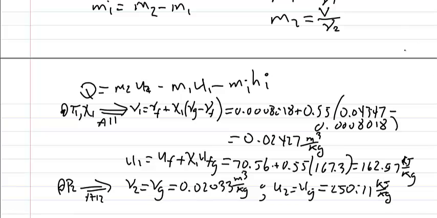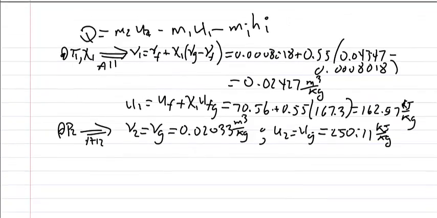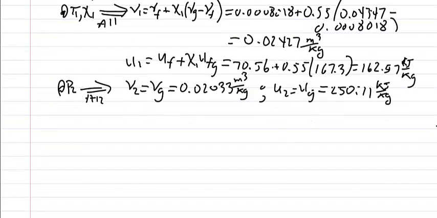And then lastly, let's find our enthalpy at the inlet. So here at the pressure and the temperature at the inlet, at these particular conditions, we'll find that this is superheated vapor. So we're going to have to go into table A13.